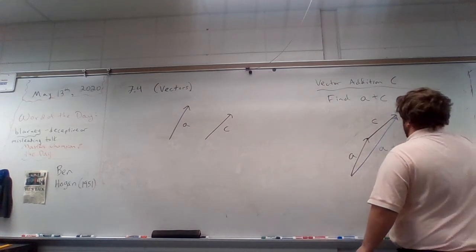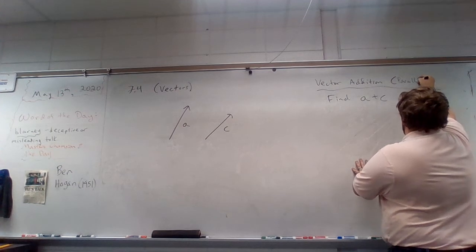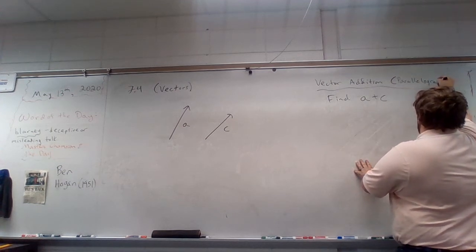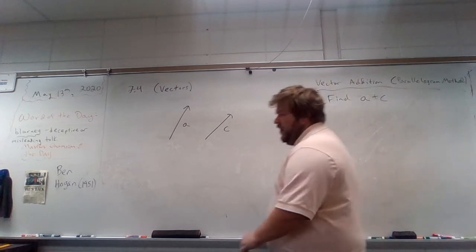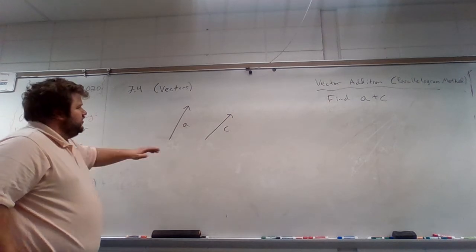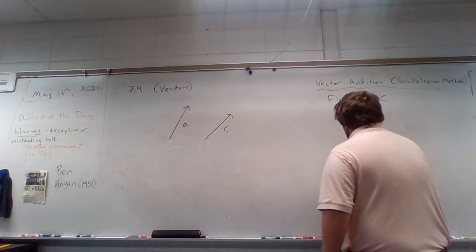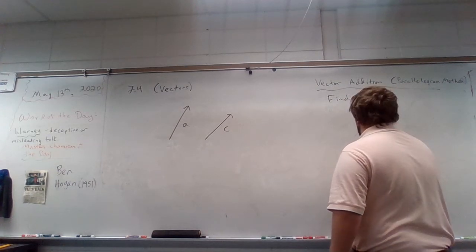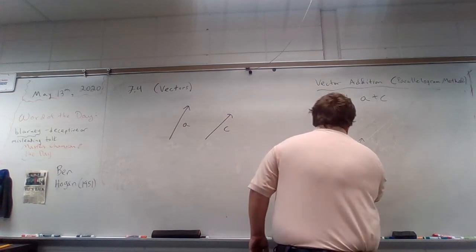I also want to show you a parallelogram method. So how do I add A and C by using this parallelogram method? Well, I would first put a copy of A down. So there's A, let's say.